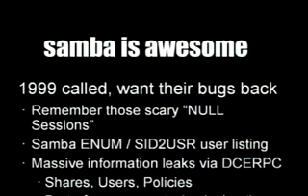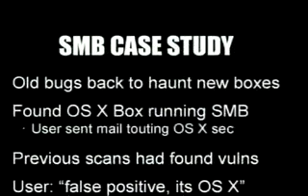Well, a lot of times on these little appliances that are running SMB, you can still do that stuff. So on a network, all the Windows clients may be patched, may be configured correctly, and you can't do anything. Look for the network storage appliances. Another good thing that I've seen is that you can actually brute force accounts because they don't do lockouts. So these are some old bugs coming back to haunt new boxes.